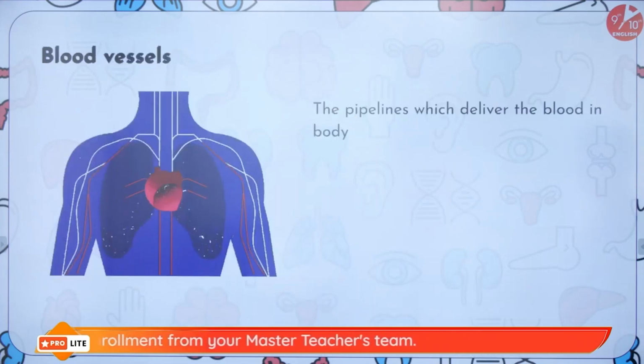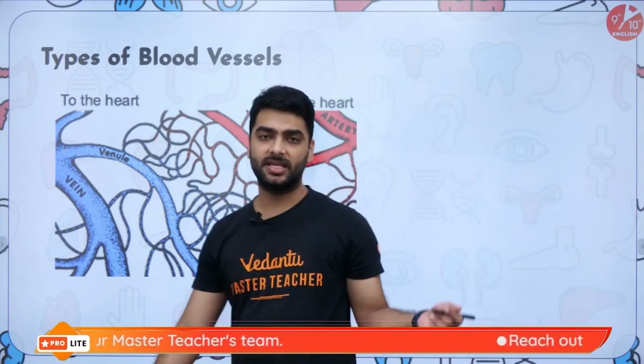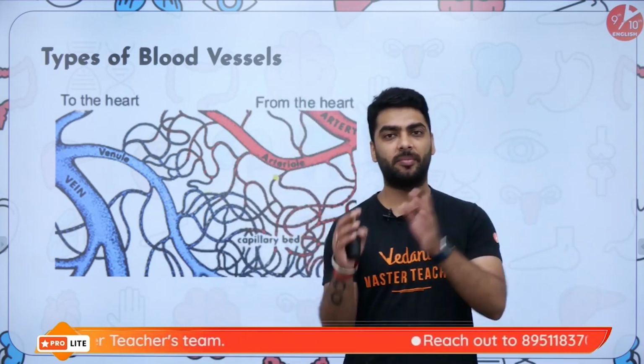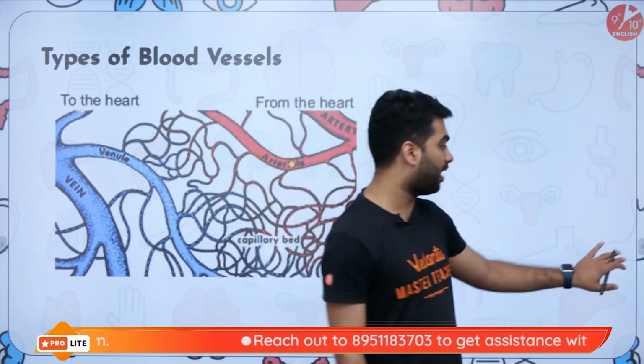Double circulation. When I talk about blood vessels, we have got 3 types: arteries, veins, and capillaries. Remember, A, arteries, A away. Arteries will always take the blood away from the heart.